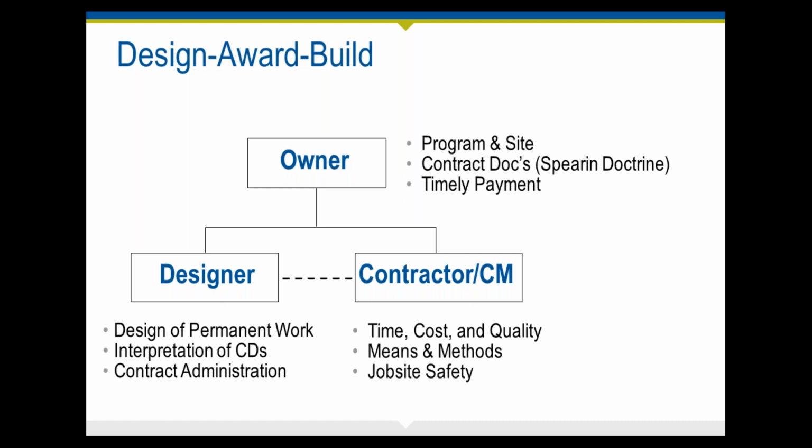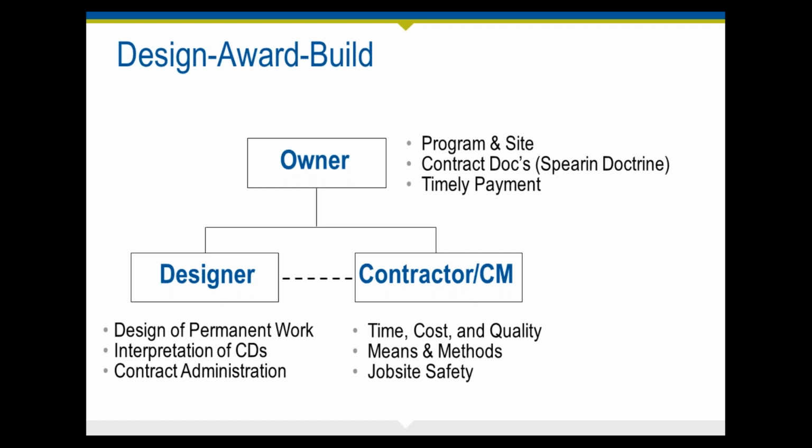Now, the client, having furnished the contract documents to the contractor, is in essence warranting by implication that the project is constructible and that the contract documents have all of the information that the contractor needs to complete the project. This doctrine is known as the Spearman doctrine, and it means that if there's information that is missing in these documents, the owner is obligated to pay the contractor for that missing information.